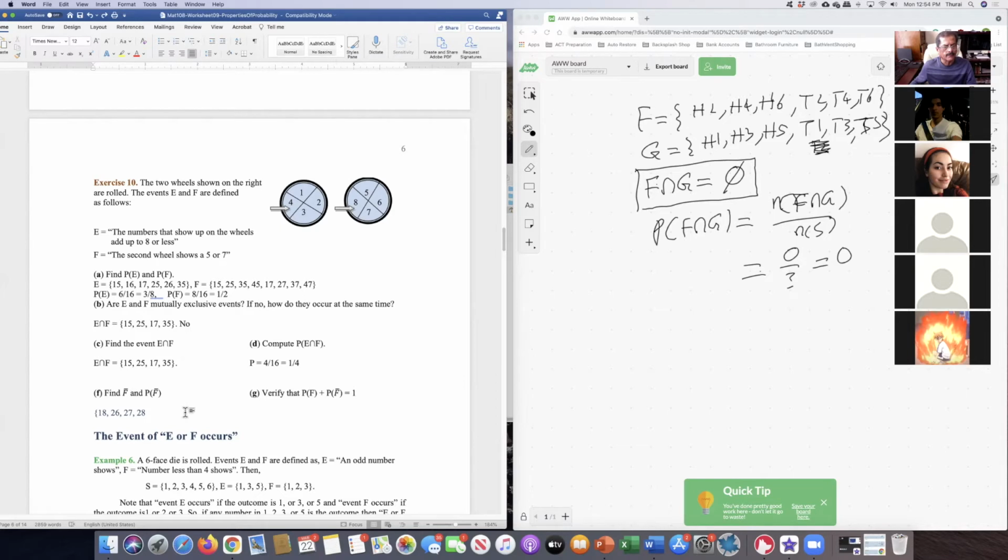So only look at F and find out what's outside of F. So 1, 8 is an element of the sample space that's not in F. 1, 5 and 1, 7 are in F. So everything other than 1, 5 and 1, 7 would be 1, 8 and 1, 6.